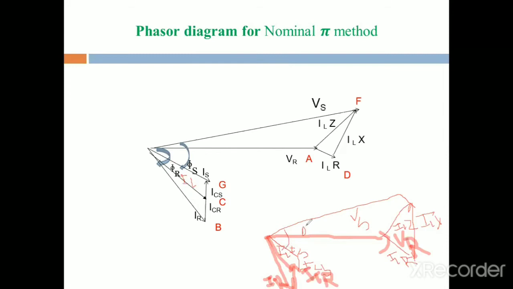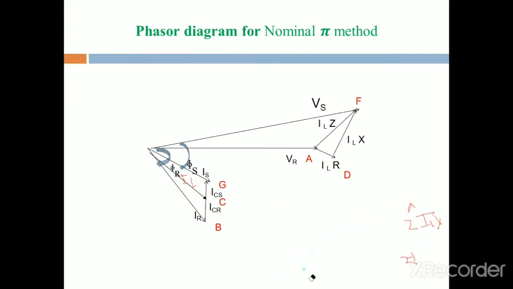That is phi S. The angle between VS and IS is the phi S. This is the phasor diagram for the nominal pi method.